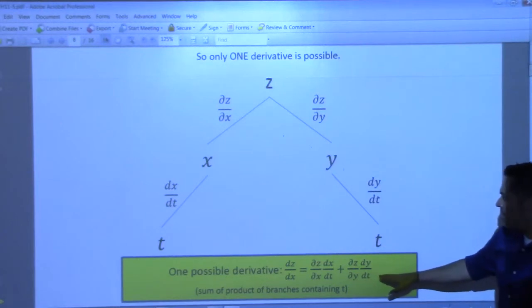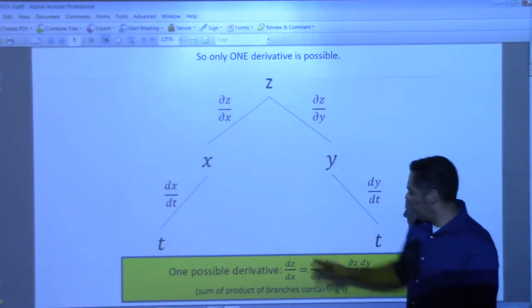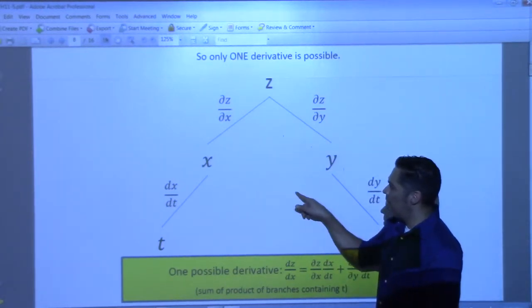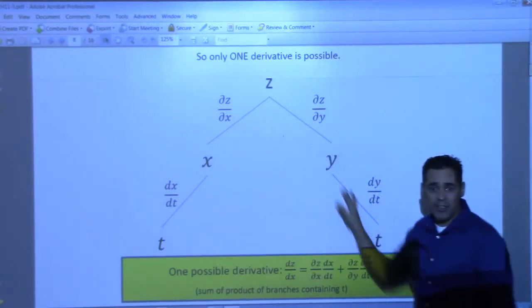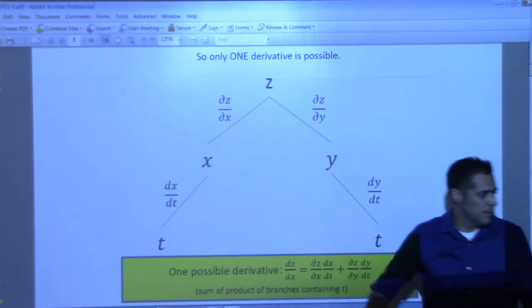And it would, in this case, be the sum, right, of the product down the branches. That's what it is.